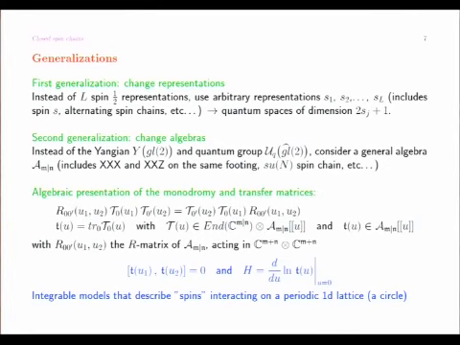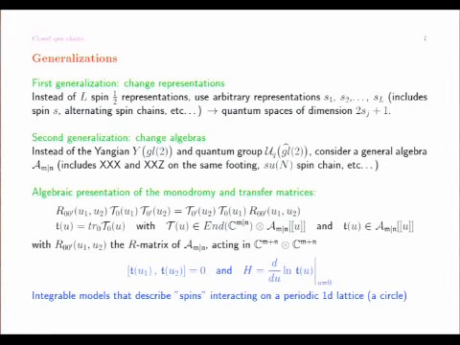Either you change the representation, so instead of taking L spin 1/2 representations, you take a different representation of the same algebra, which will change the dimension of the quantum space, the space on the chain, or you change the algebra itself, and you consider R matrices, for instance, coming from a different algebra that I will just call A, M, N.